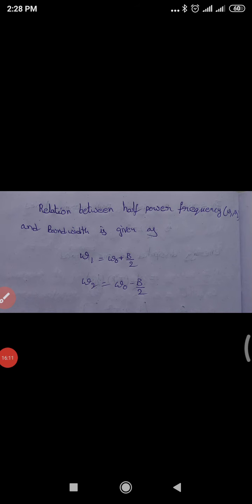Next, how is this bandwidth related to the half power frequencies, that means W1 and W2? It can be expressed by using these formulas: W1 is equal to W0 plus B by 2, W2 is equal to W0 minus B by 2. By using these two formulas we can find the half power frequencies.